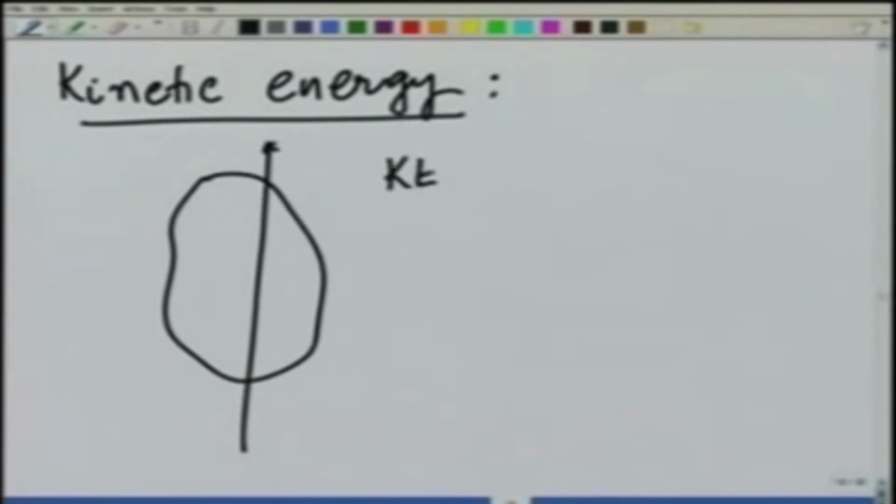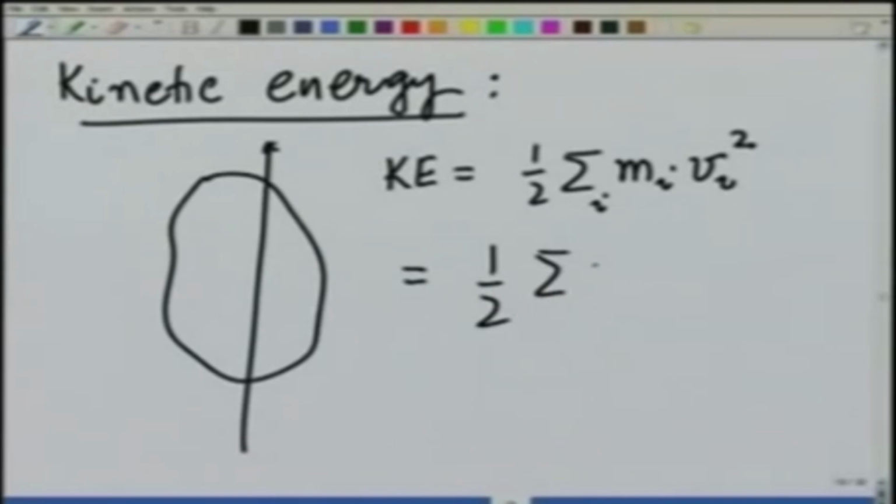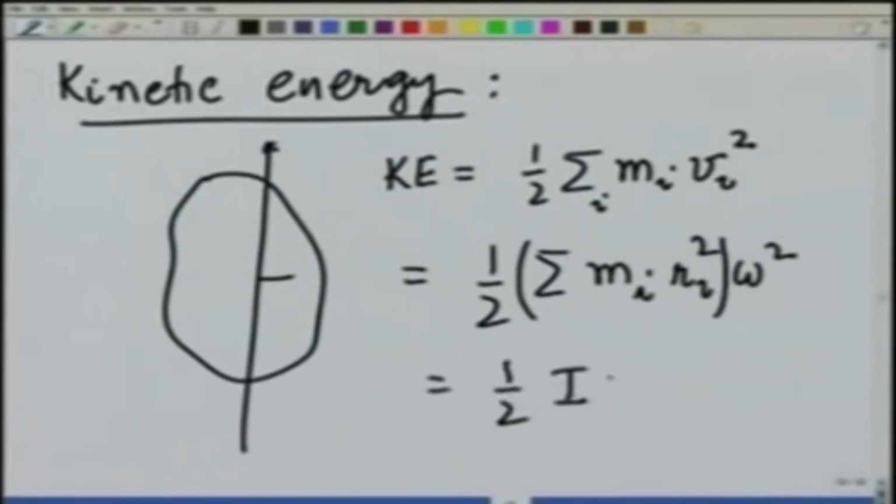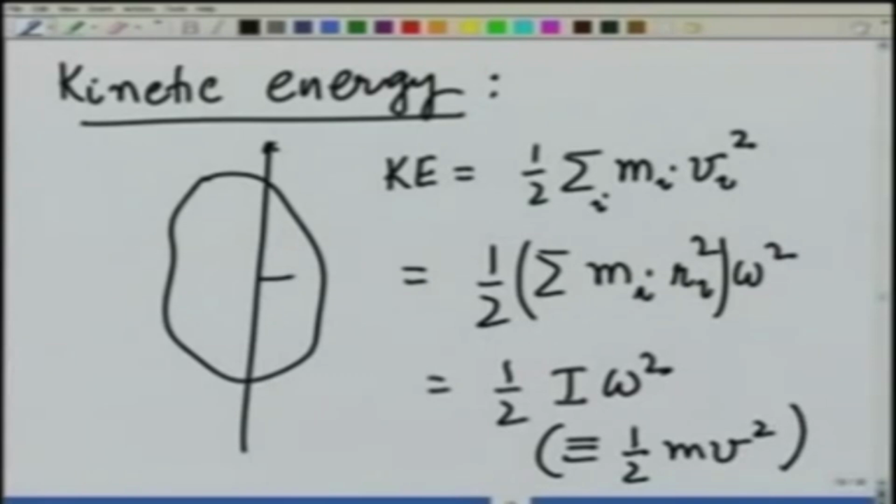Kinetic energy is equal to 1/2 summation mi vi square, and therefore, I can write this as 1/2 summation mi Ri square, where Ri is the perpendicular distance from the axis, times omega square, which is nothing but, if I put the bracket here, 1/2 I omega square, which is equivalent to 1/2 mv square of one particle dynamics.